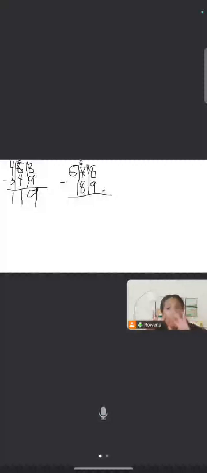How many fingers do we use to reach the number above? 1, 2, 3, 4, 5, 6, 7, 8, 9. So, we have 9 fingers. Now, 6 minus 8 cannot be. That's why we need to borrow again from the next number. 6 will become 5, and here it will become 16.